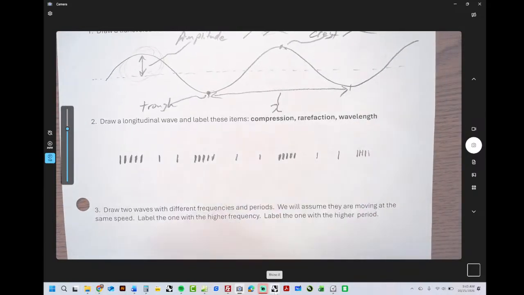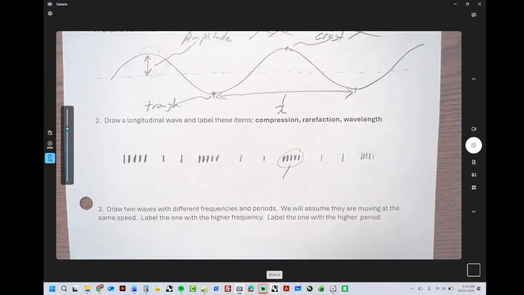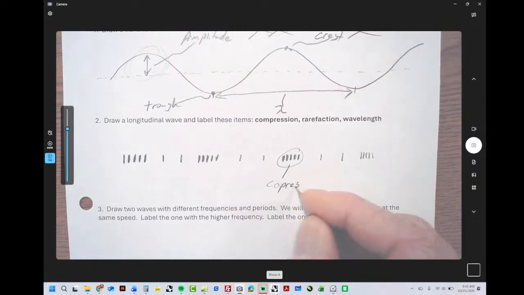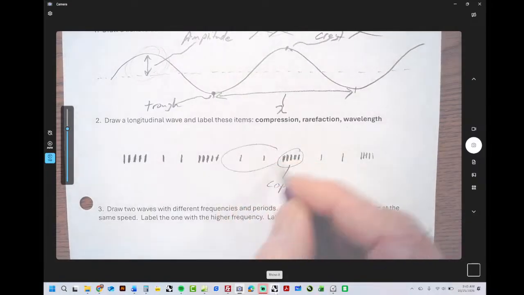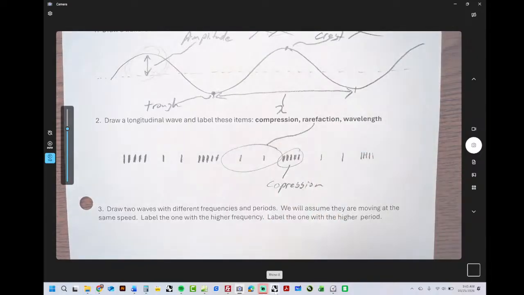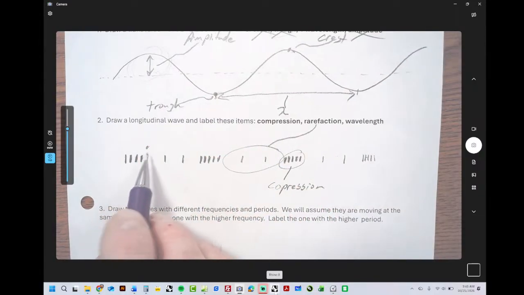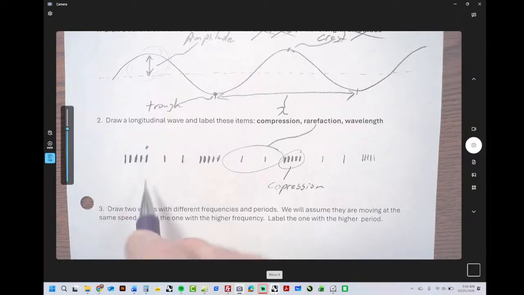All right. So anybody, what's this part? That's the compression. And this part? The rarefaction. And if I started right at this point, tell me where I would complete, actually, let me do it down here.